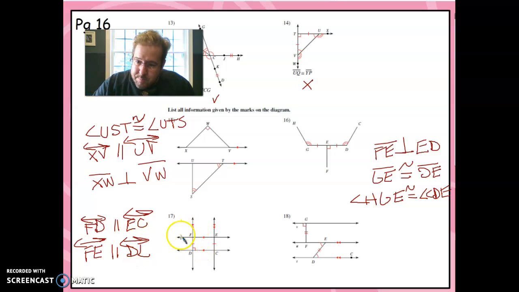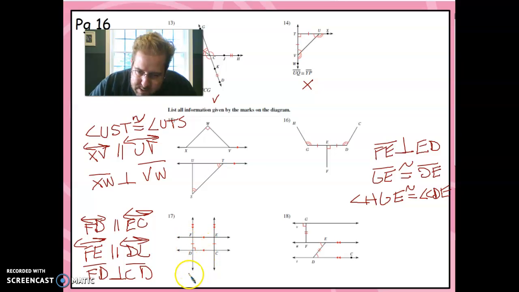So we've got two sets of parallel sides. Then we've also got a perpendicular. Segment FD is perpendicular to CD. And then we got one last thing, which is FD is congruent to EC.